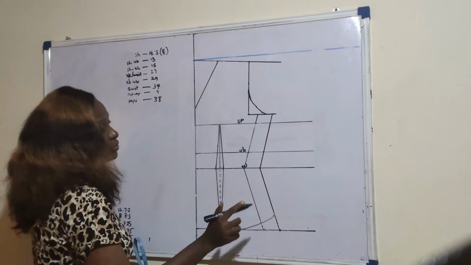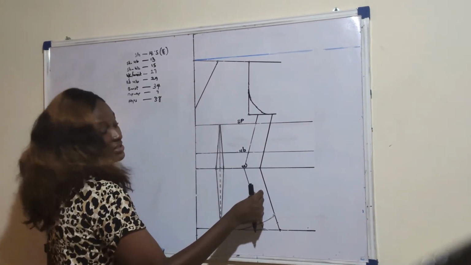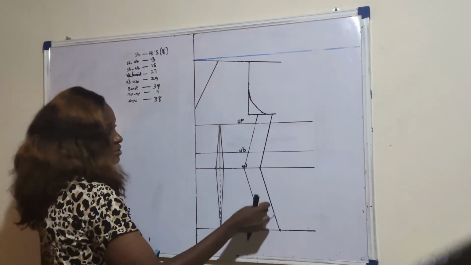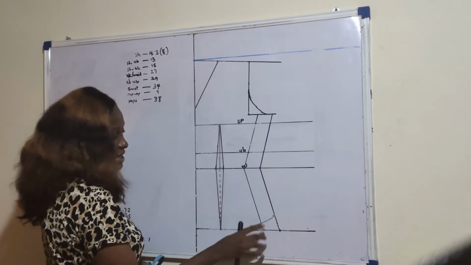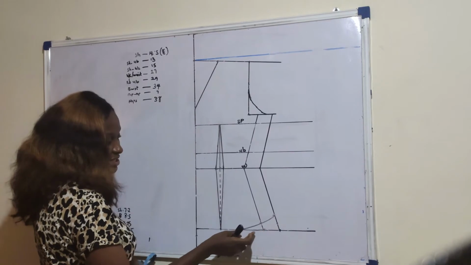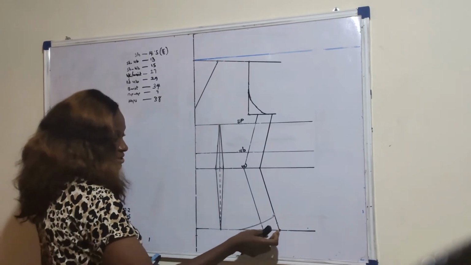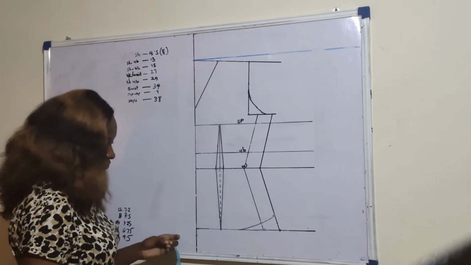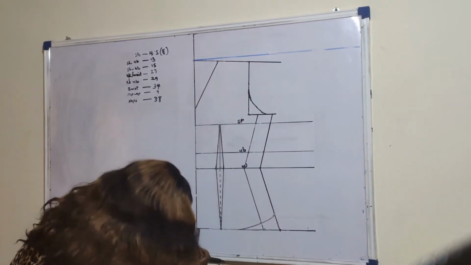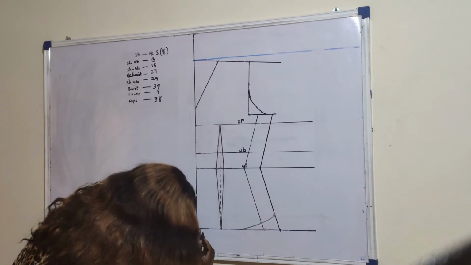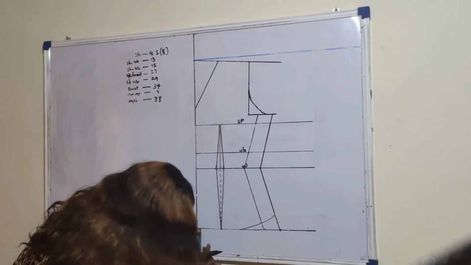So we added 2 inches allowance at the side of this bodice, and I'm going to add just an inch allowance at the bottom of the bodice. You go ahead and measure an inch all through.